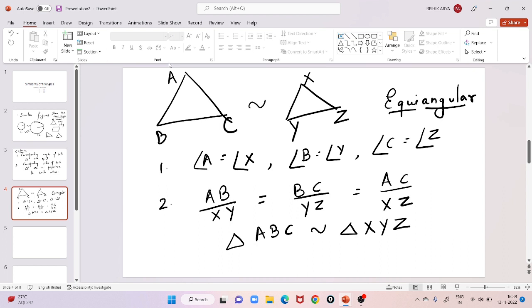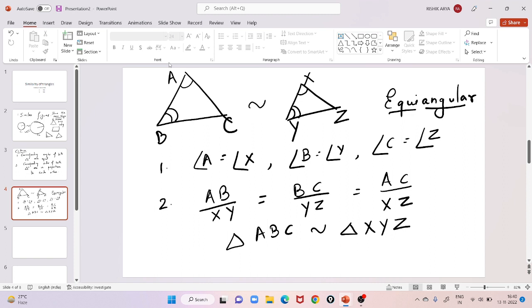So how can we say that if two angles are equal, then the triangles are equiangular? Because, for example, if angle A is equal to angle X, and angle B is equal to angle Y, then you can say that these two triangles are equiangular. Why are we not taking into account the third angle? Exactly. We use the sum of the three angles of a triangle.